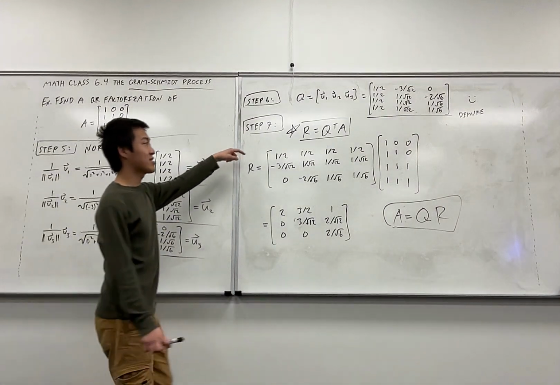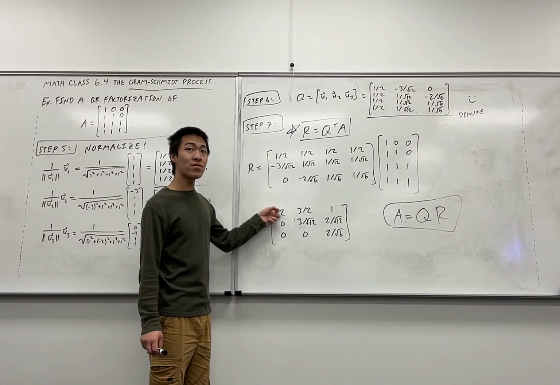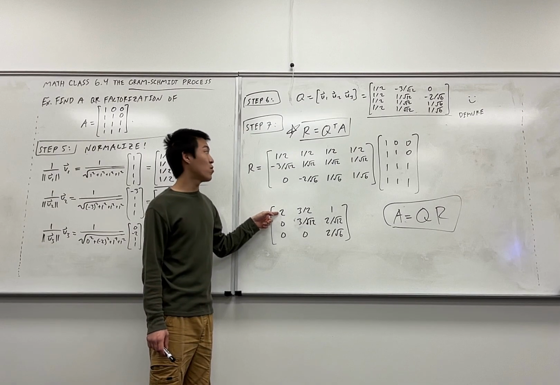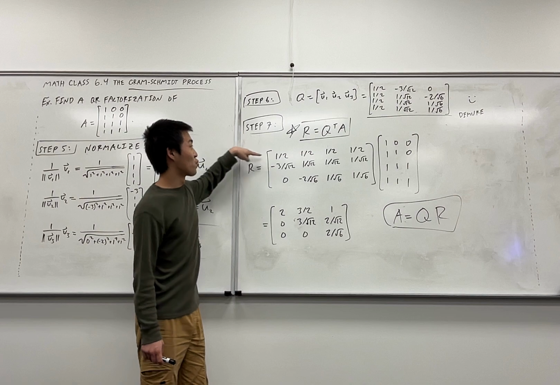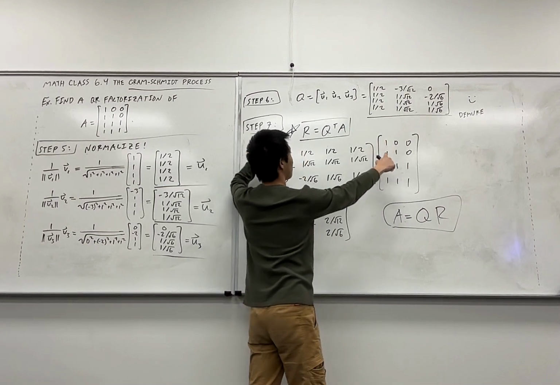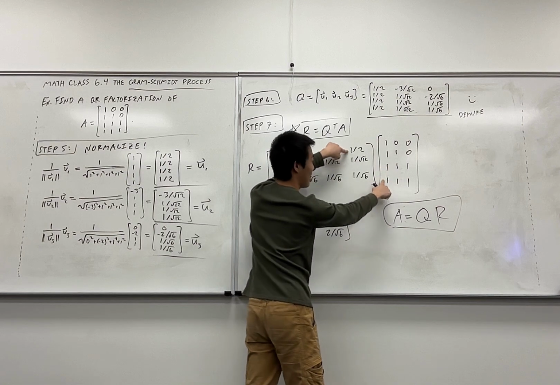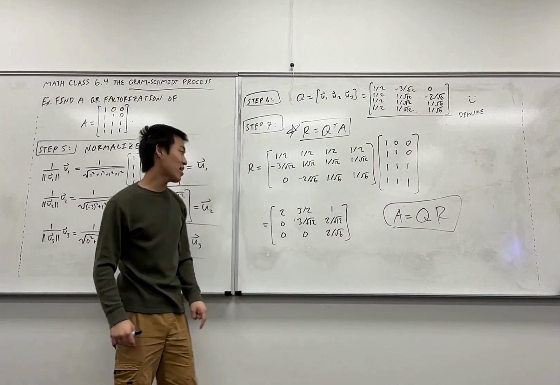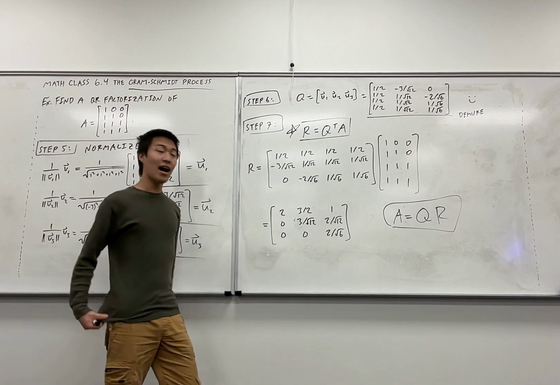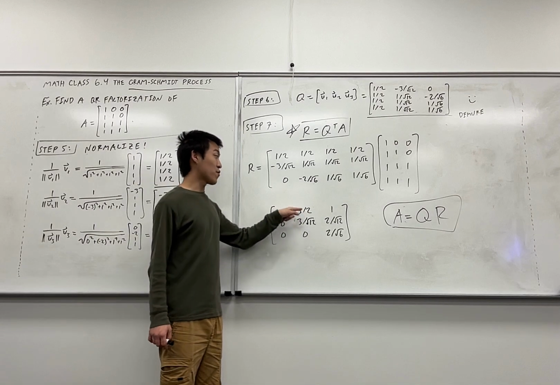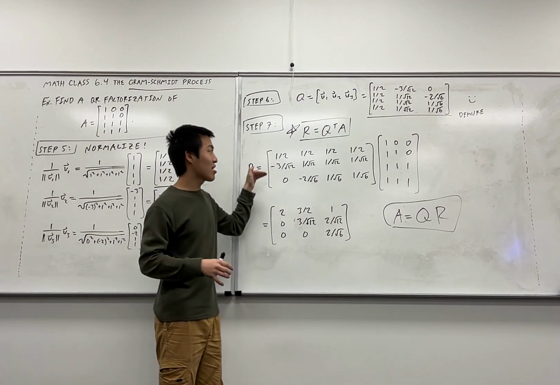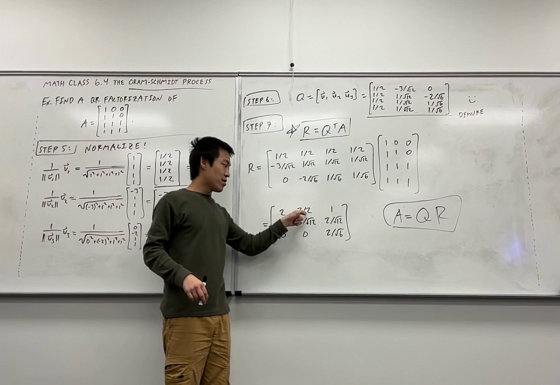Okay, for example, as a means of review, if I want the entry in row 1, column 1, I'm going to take row 1, column 1. 1/2 plus 1/2 plus 1/2 plus 1/2. That's 4 times 1/2, which is 2. Oh my gosh. Yes? Say I want the entry in, listen very carefully to how I'm wording this to let you know exactly which row and column to match up, 3/2.